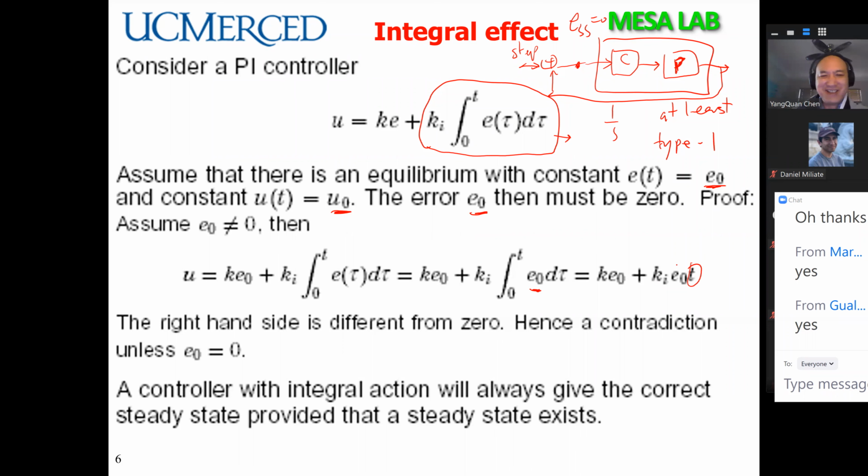So it has to be 0, unless E0 is 0. This is by contradiction. A controller with an integration action will always give the correct steady state: if the steady state exists, the error has to be 0. So e_ss is 0. This is consistent with what we learned about system types in the previous lectures.